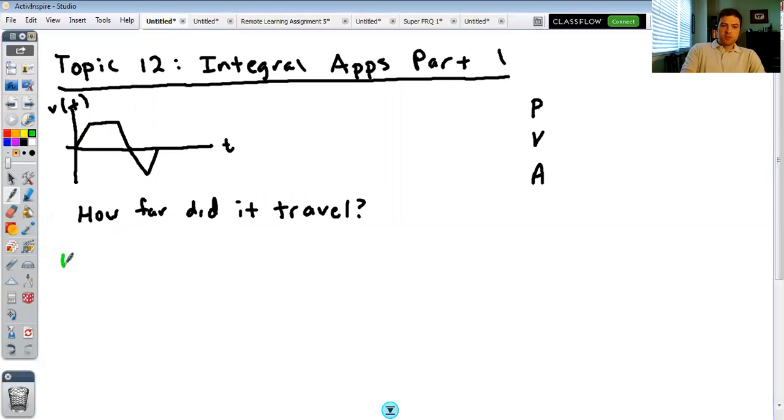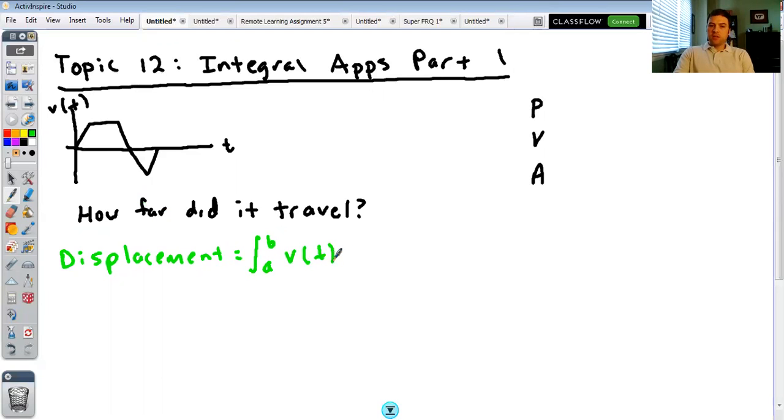First is displacement. And our definition of displacement that I want you to be really comfortable with is net change in position. Where are you in location to where you started? So displacement is just simply equal to the integral from A to B of velocity, right?